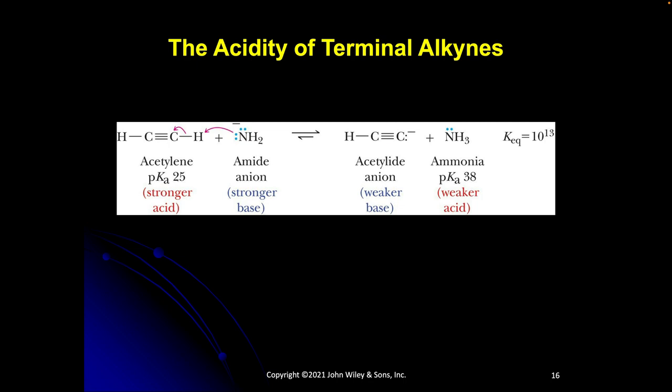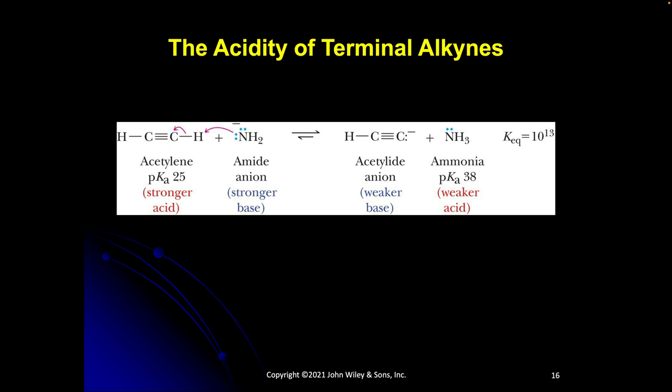This acid is the stronger acid because it has a pKa of around 25. This is the weaker acid, which has a pKa of around 38. And the equilibrium always favors going from stronger acid, stronger base, to weaker acid, weaker base, right? And so that's why you end up with this reaction going this way.